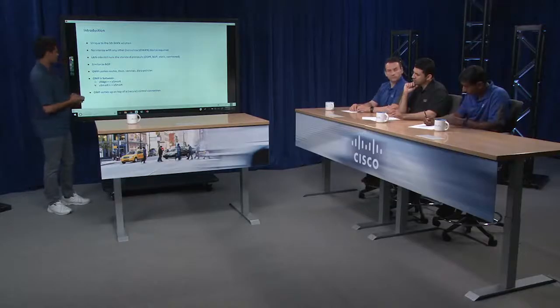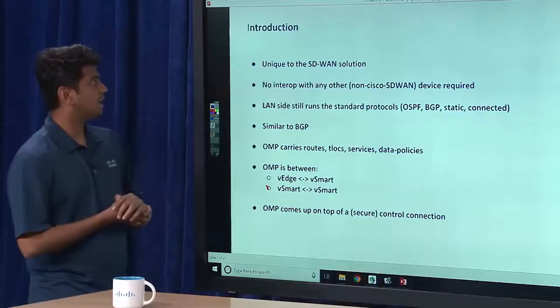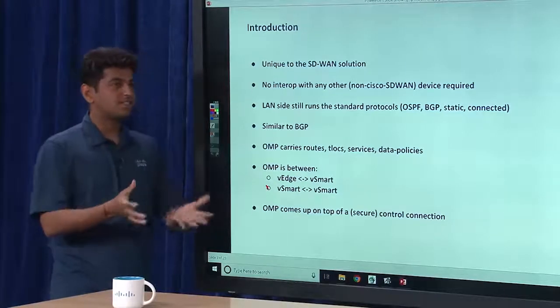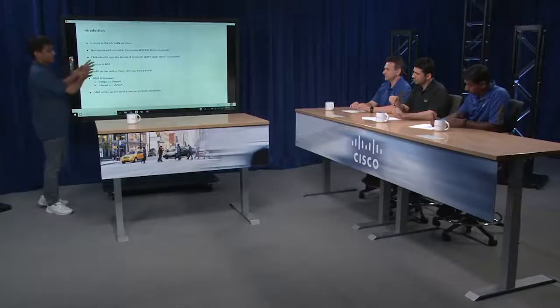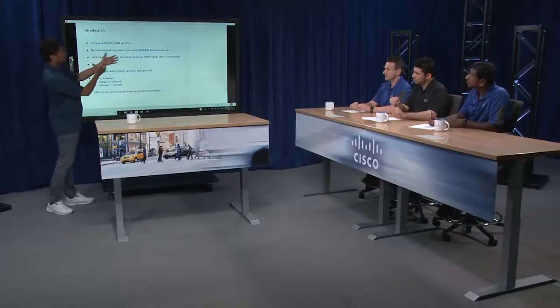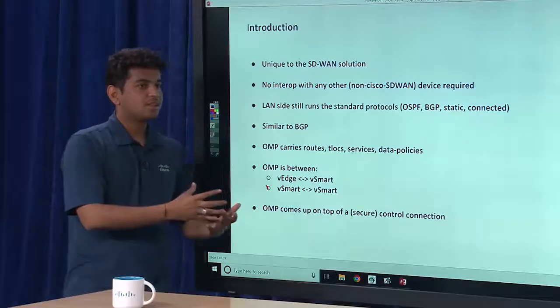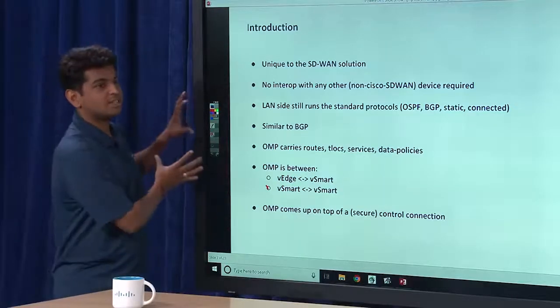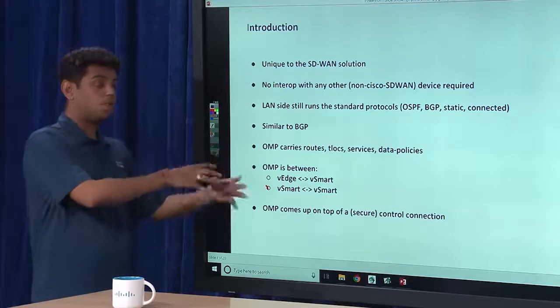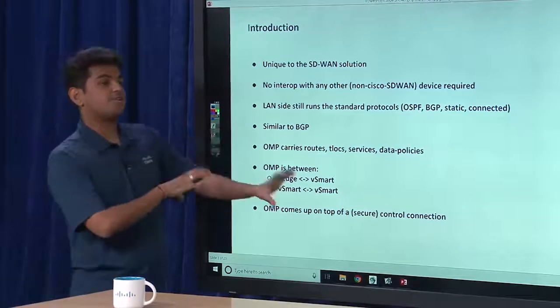So Jigar, why can't OMP be considered an industry standard routing protocol? So OMP, for now, is not an industry standard routing protocol because, like I said, it is unique to the SD-WAN. That's what makes the SD-WAN so easy to come up with. OMP was designed in a certain manner that it can operate only between certain types of edge devices.